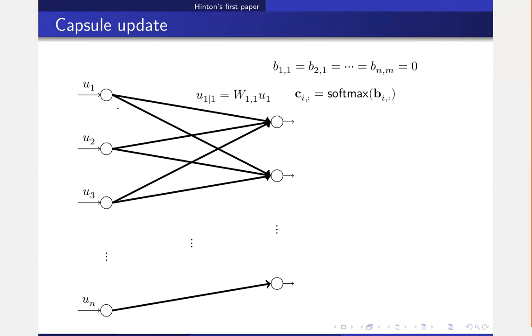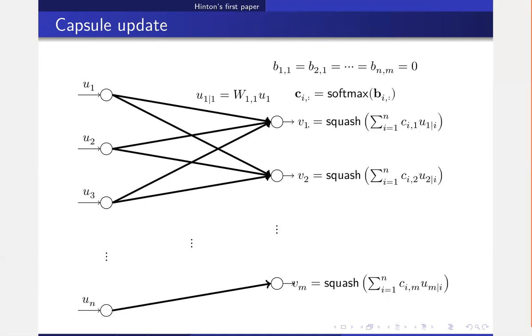Originally, I have these U_j|i here, and basically I have this estimate of V. As you can see, for the parent capsule, it will be a weighted sum of all these U here, right?